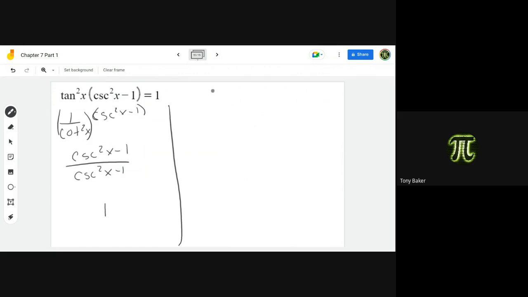Remember the whole identity is cotangent squared x plus 1 equals cosecant squared x. So that would be that one. So you would end up getting tangent squared x and then cotangent squared x for that step.